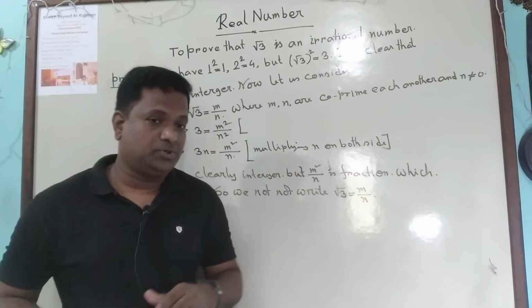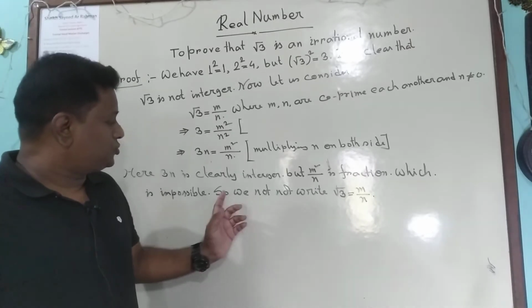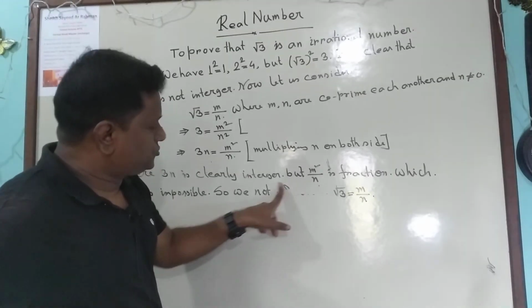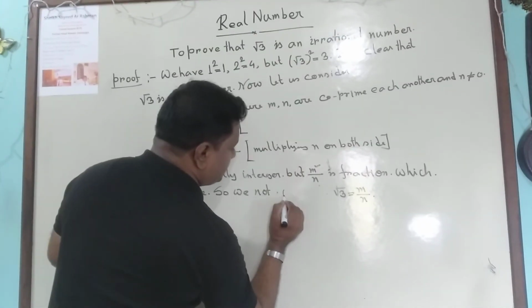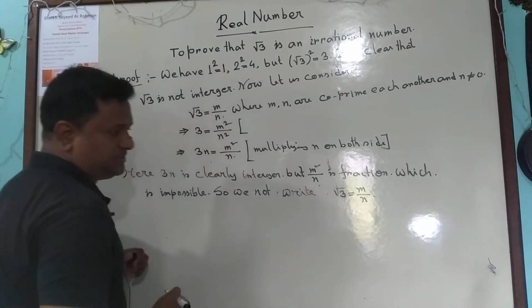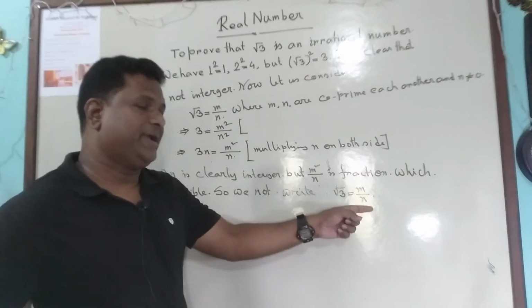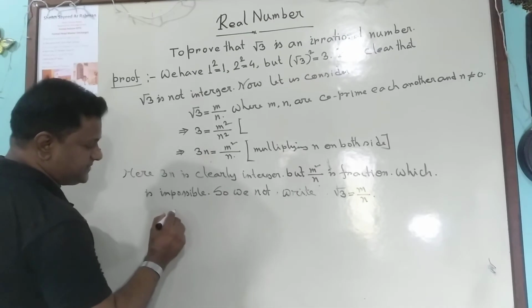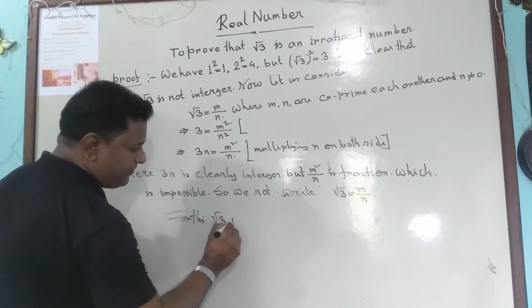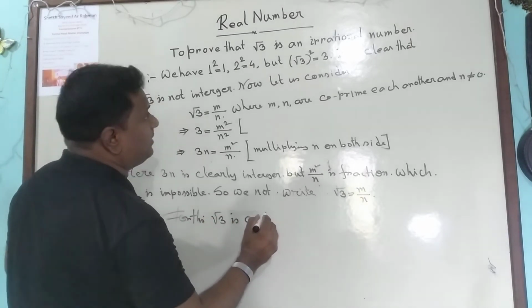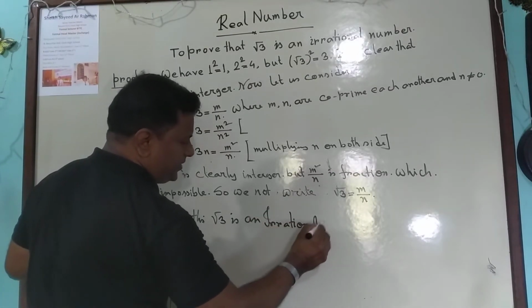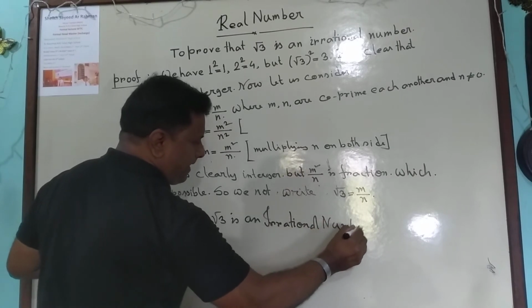Since it is not possible to write m by n, root 3 is an irrational number. Hence complete.